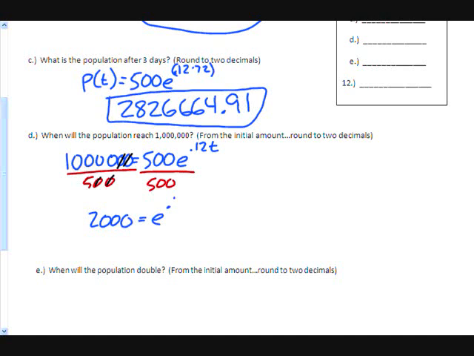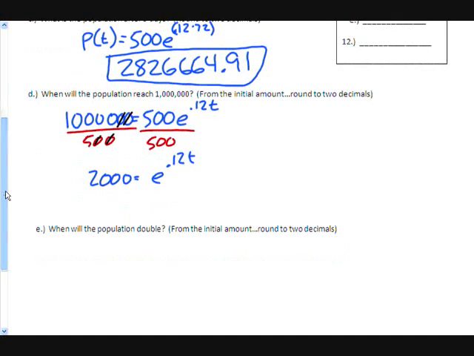e to the 0.12 t. Should have left myself a little bit of extra space here. There we go. And now to solve this one, the best thing you do is take the logarithm that has the same base as my exponential function, but in this particular case, that's the natural log. Because that's log base e, so what happens is natural log and base e cancel out.